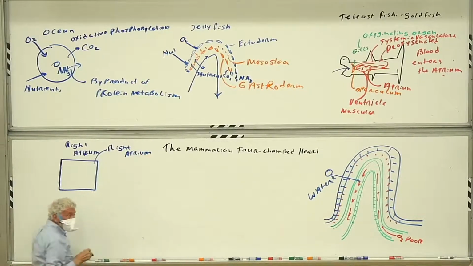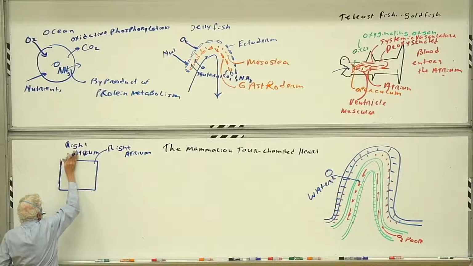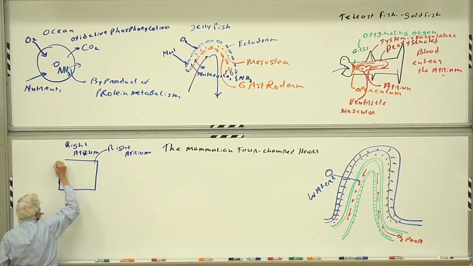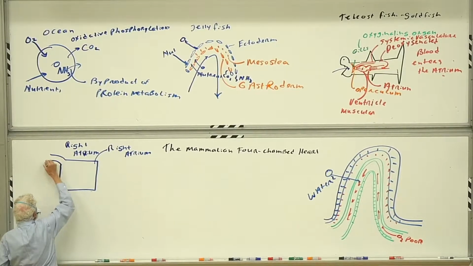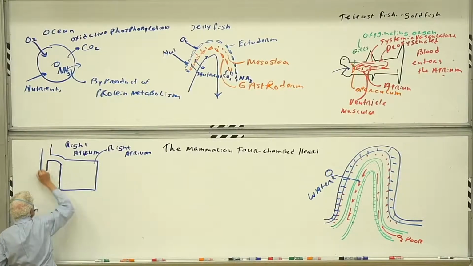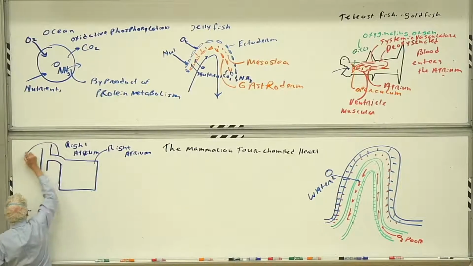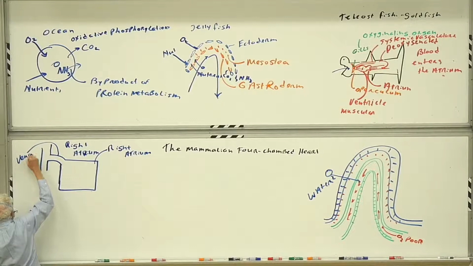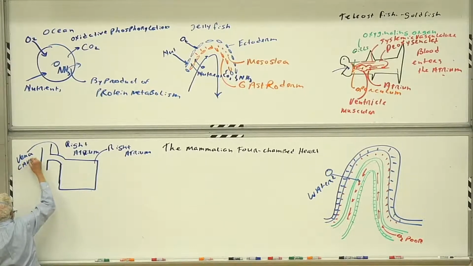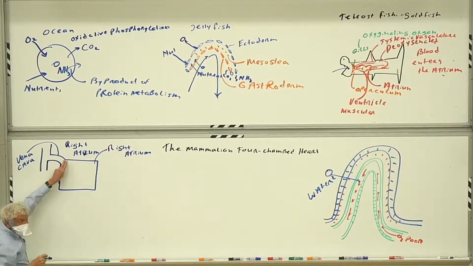You can think of it as a room. There's going to be fluid coming into that room. And the fluid is going to come in a structure here known as the vena cava. The vena cava is a single tube.